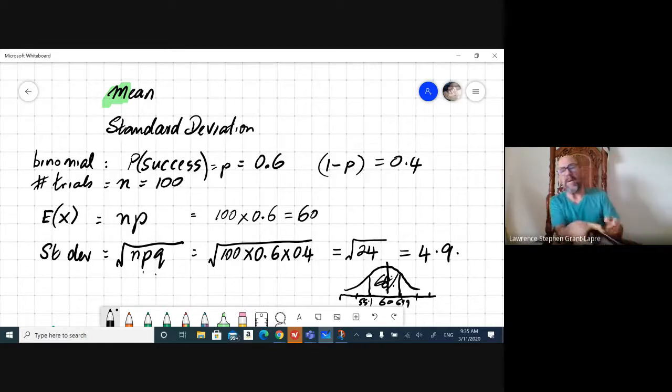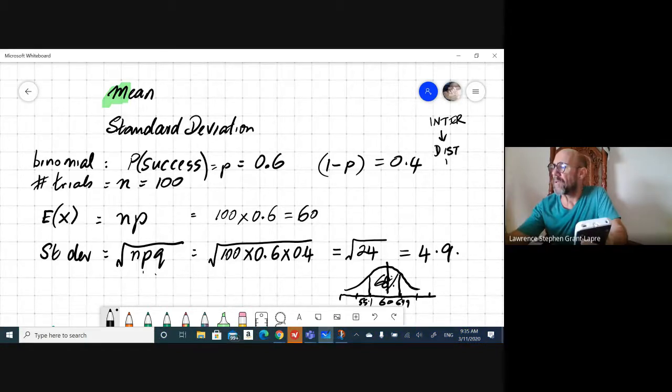Now, you could use a calculator for this. If you go to interactive, distribution, continuous, and then norm, StDev, it'll give you a lower and an upper.